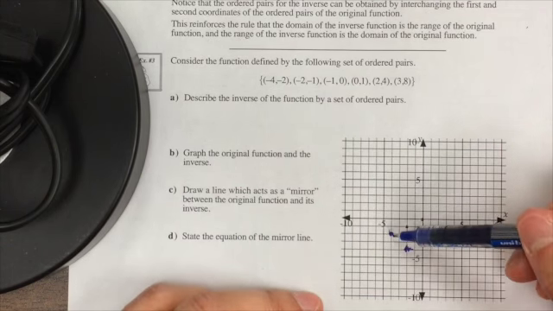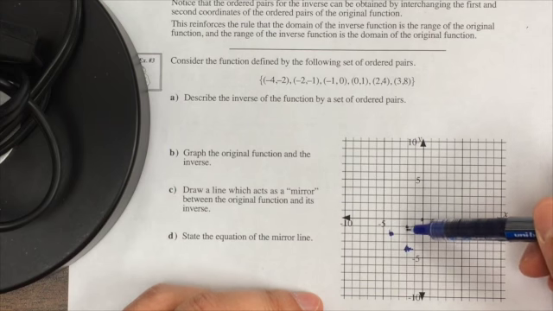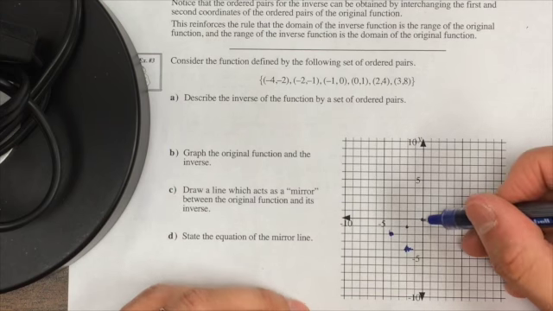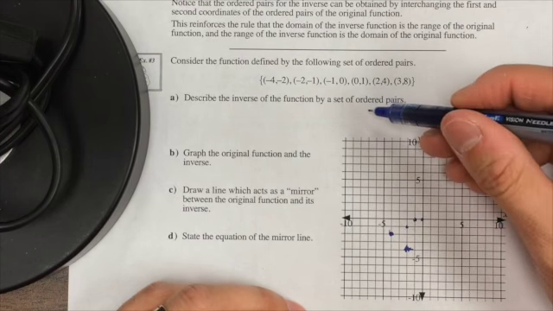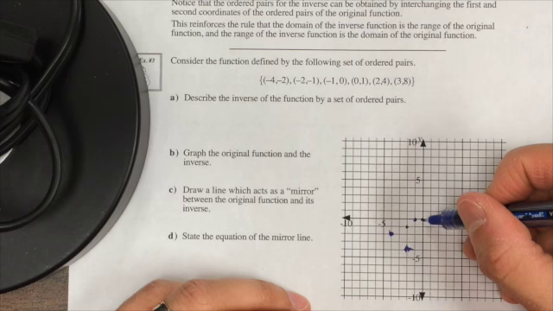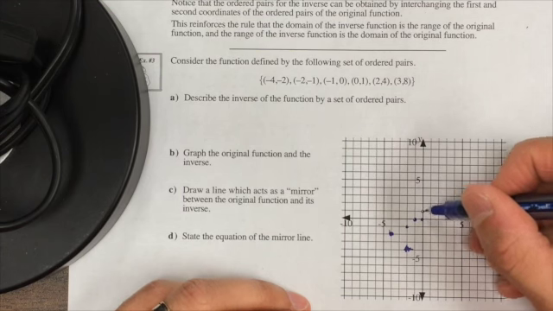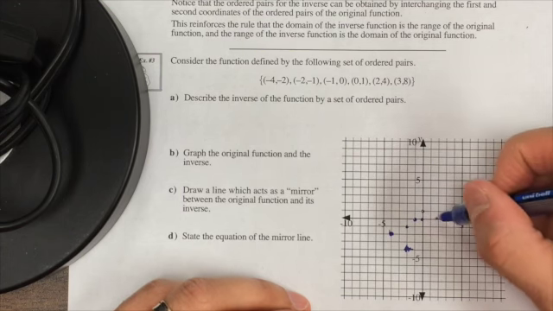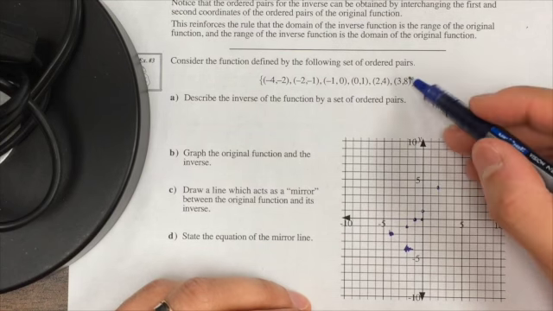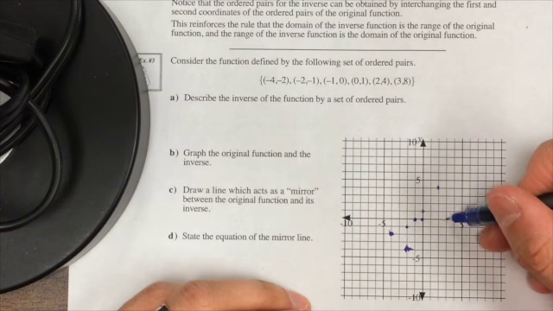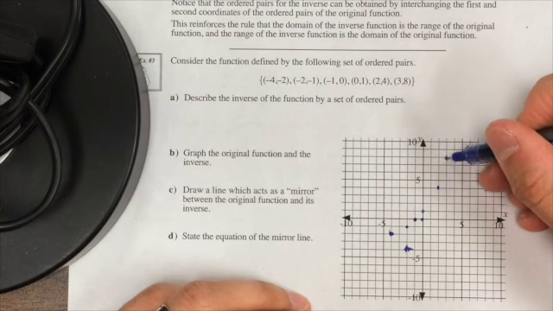So I'm at -4 and -2, -2 and -1, -1 and 0, 0 and 1. I'm at now 2 and 4, and I'm at 3 and 8.